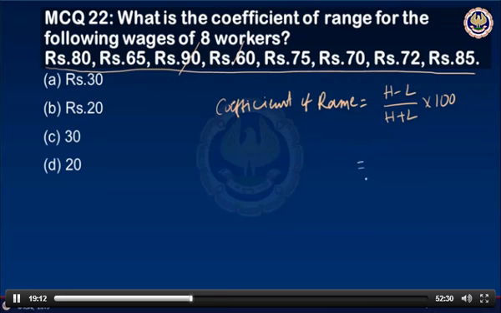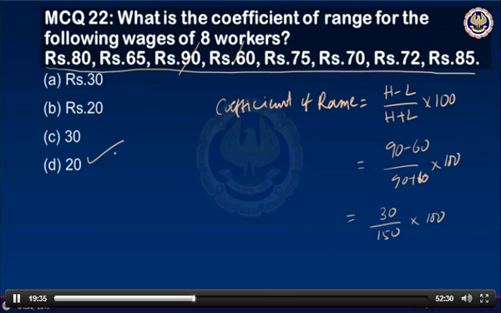Based on this information, 90 minus 60 by 90 plus 60, into 100. 90 minus 60 is 30. 30 by 150 into 100 is 20. Option D is the correct answer.